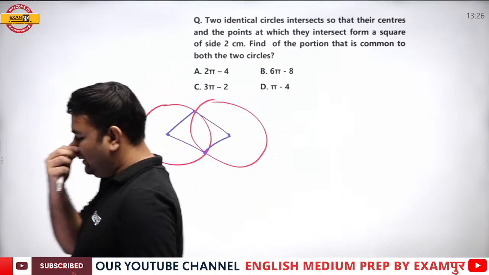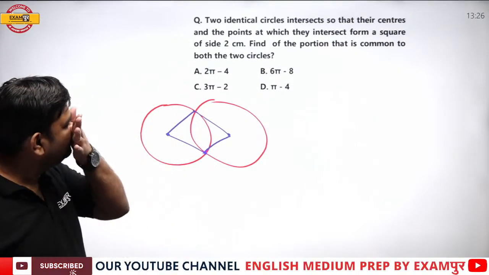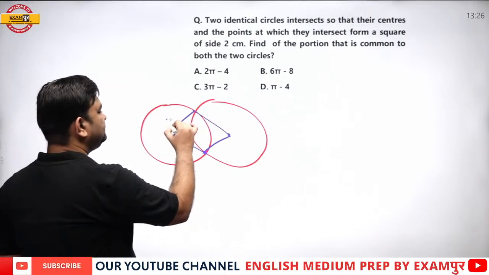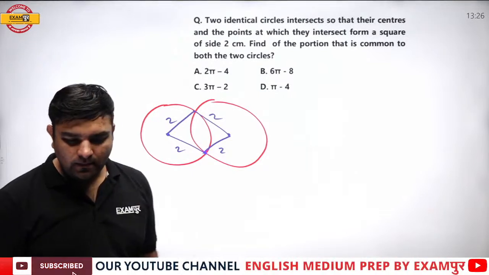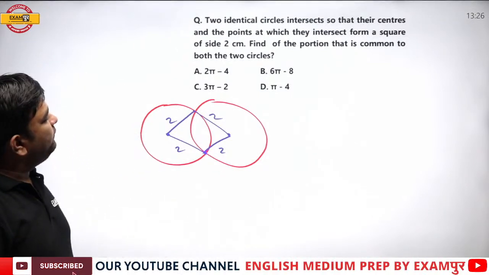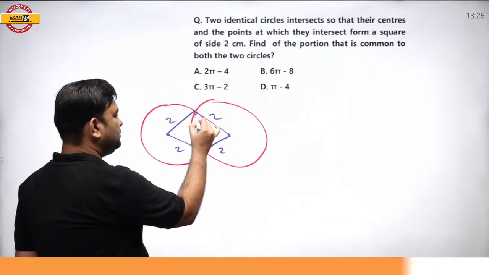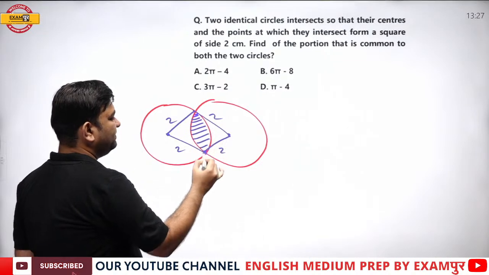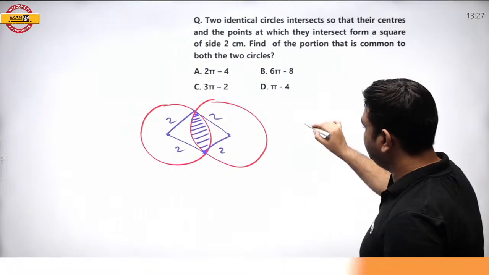A tilted square, of side 2. Find the portion that is common to both the circles. Find the area of this portion.